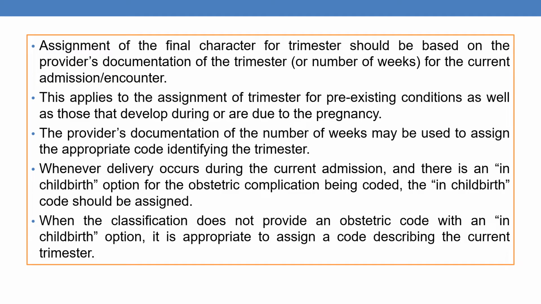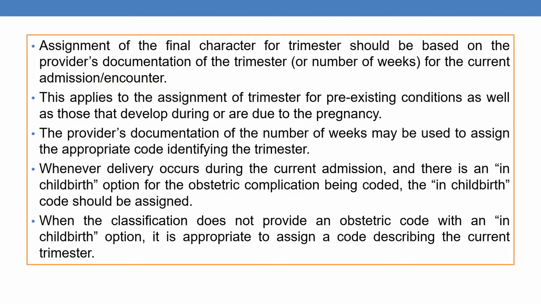It can be pre-existing, for example, pre-existing hypertension, or those that have developed during pregnancy, that is edema and proteinuria, that is pregnancy induced. The provider's documentation of number of weeks may be used to assign the appropriate code identifying the trimester.